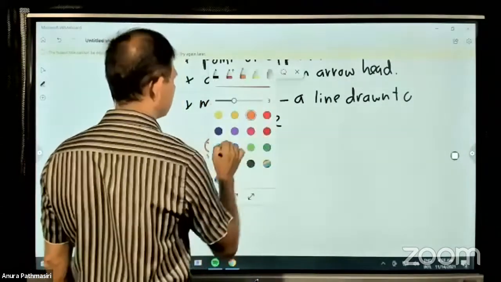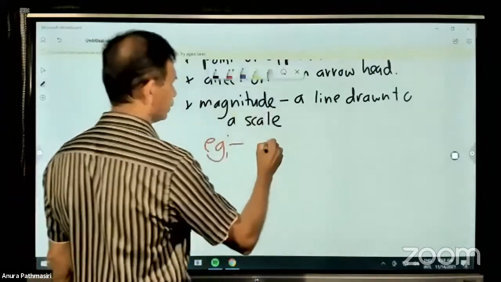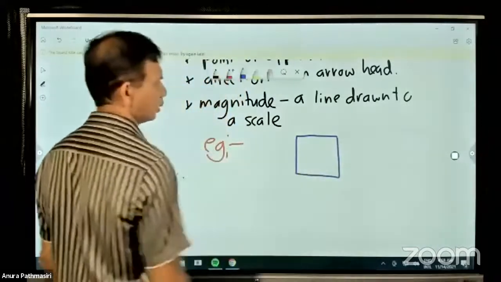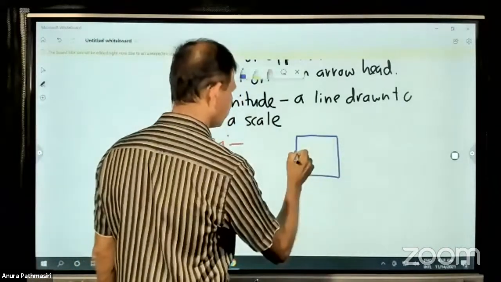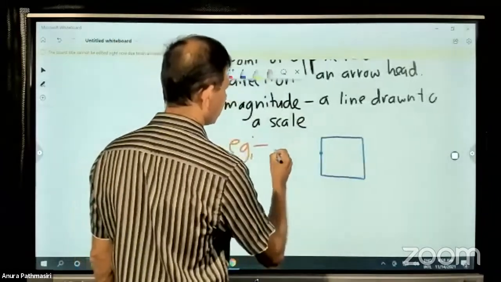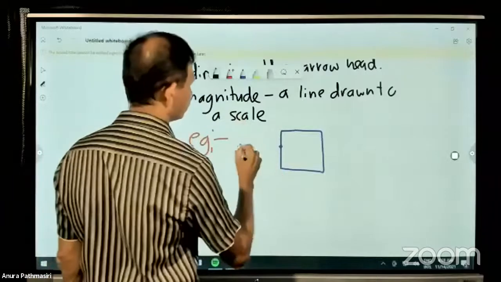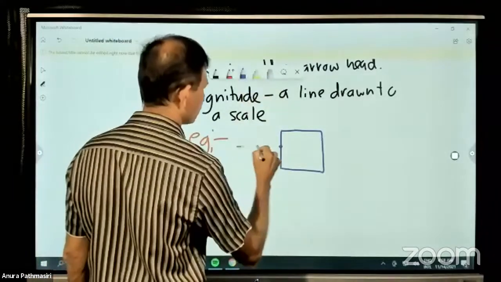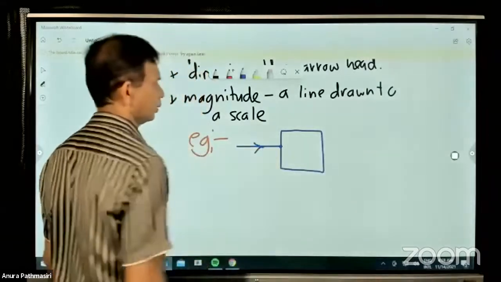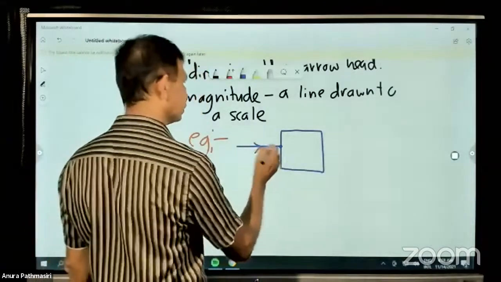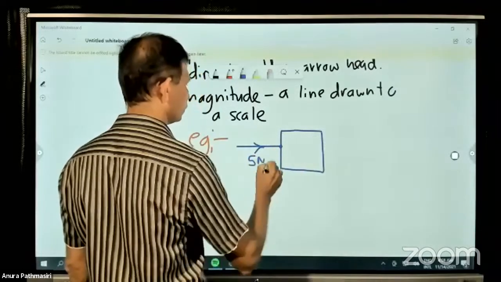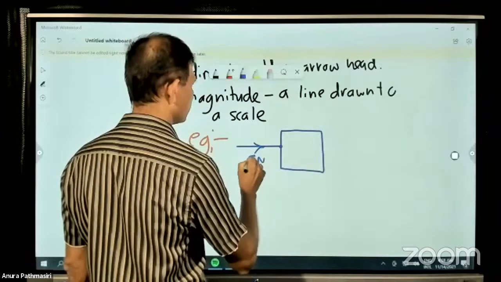Example, you can draw like this. So this is the object, and you can have the point of application. This is the point of application, the direction, the magnitude, 5 Newton, or rather 6 Newton.